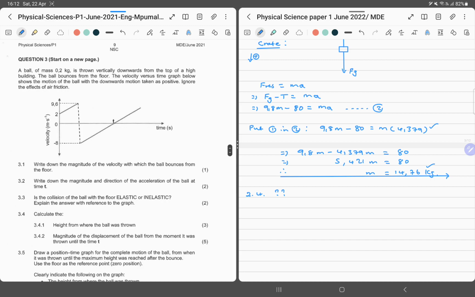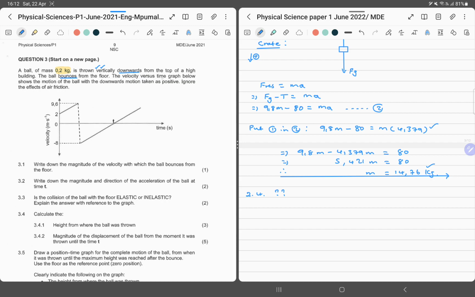Question 3 says a ball of mass 0.2 kilograms is thrown vertically downwards from the top of a high building. The ball bounces from the floor, so it will bounce.